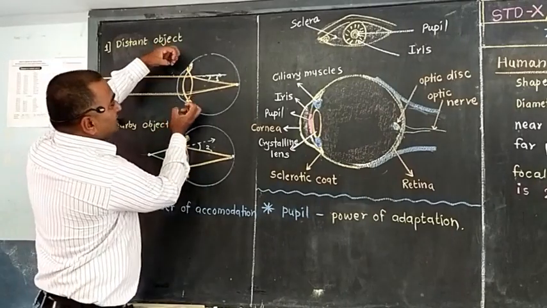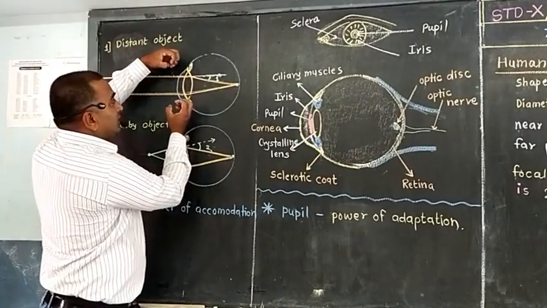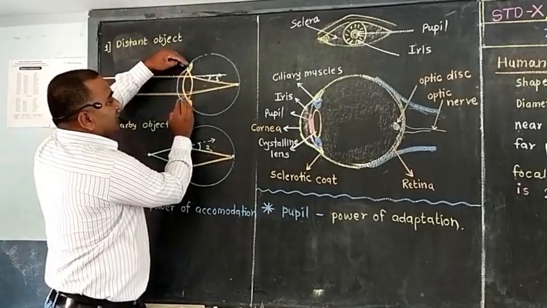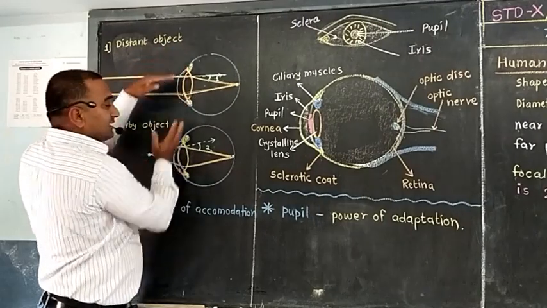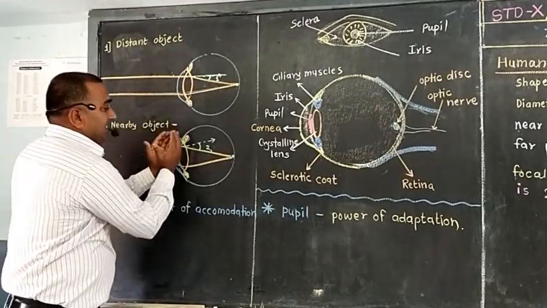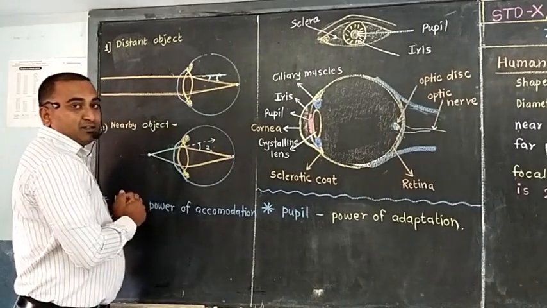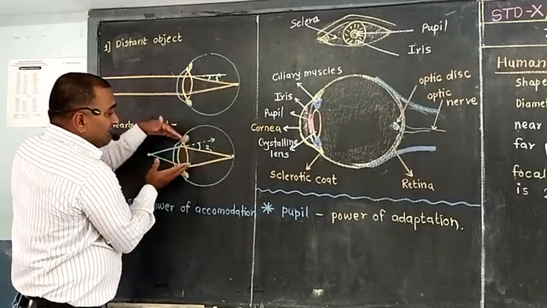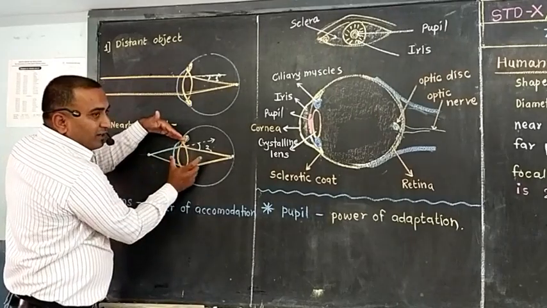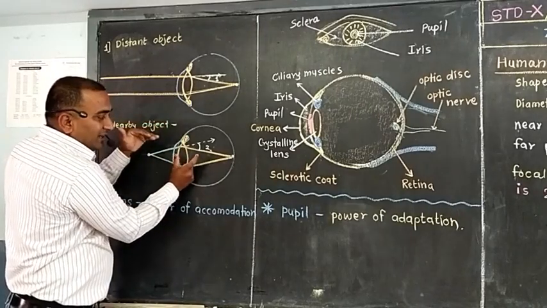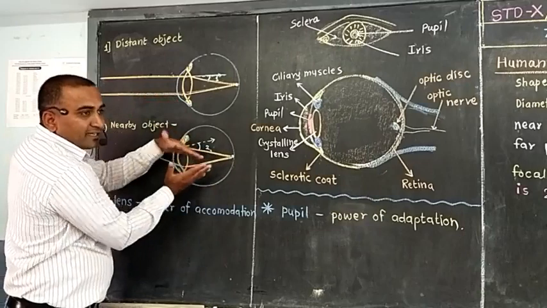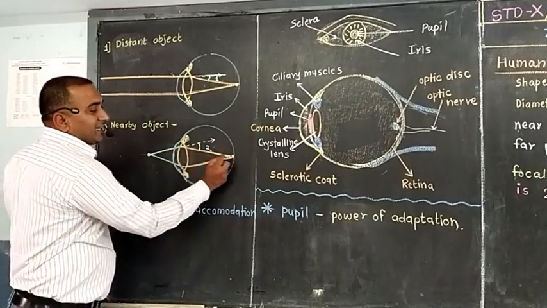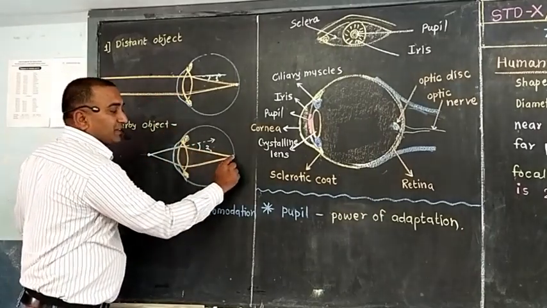If the ciliary muscles expand, then definitely they will press the lens, and as they press, the lens becomes thicker. Because of this thick lens, the focal length decreases. As focal length decreases, bending increases, and then we always get light focused on the retina.